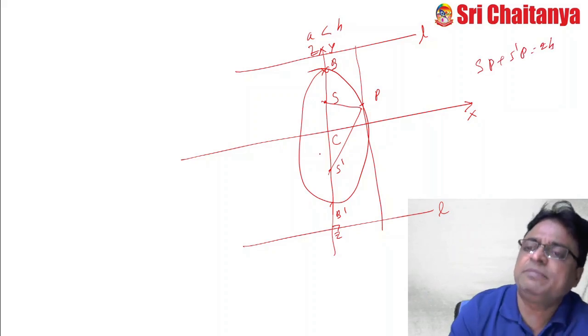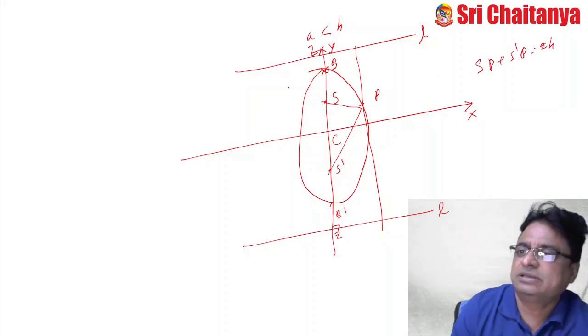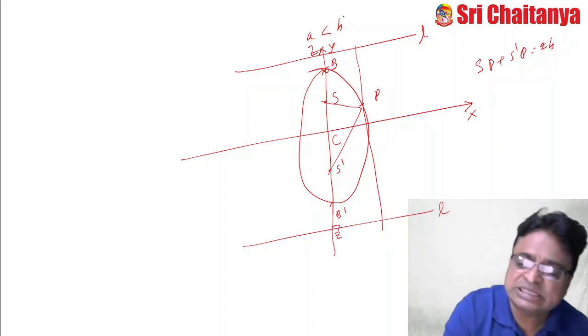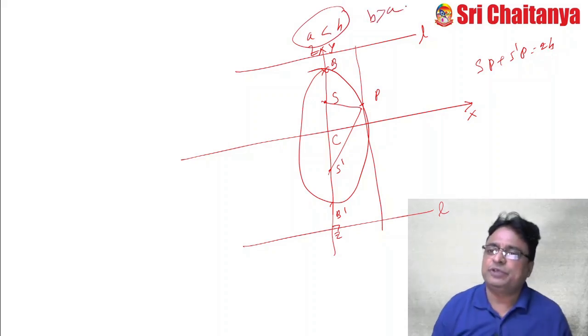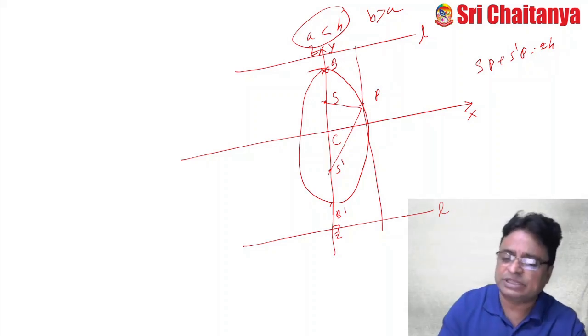What is the length of the major axis? Here, the major axis is along the y-axis. So just imagine all of this for A less than B, or B greater than A. Both are the same; in that aspect only I am showing here.